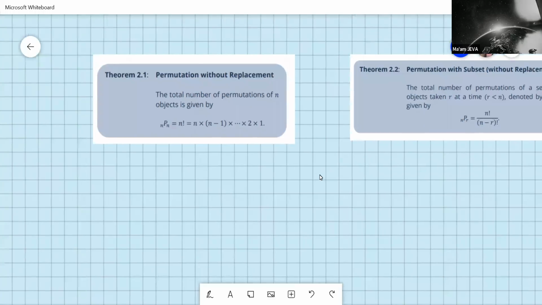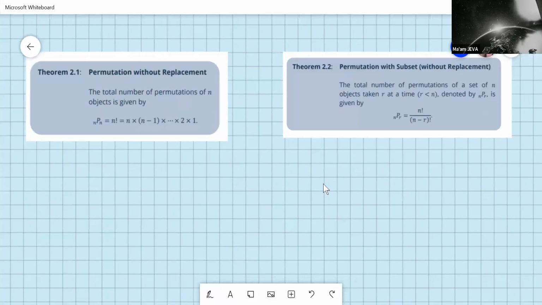So it is the total number of permutations of n objects, which is given by, when your n is equal to your r, the factorial notation. Without replacement, meaning, kung 8 ang imuhang number of n, ang imuhang gi-arrange is also 8. So, all of the objects are involved in the arrangement.